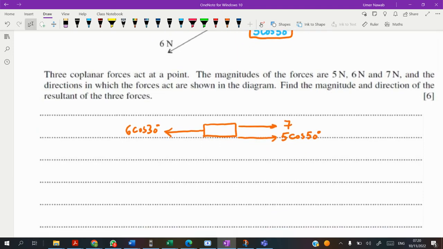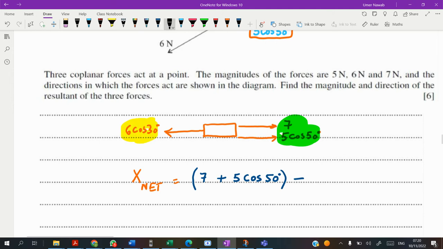I want to find the net effect on the body. So definitely you will find the x net. You will add these two forces. You write in the bracket 7 plus 5 cosine of 50 degrees, then minus the force which is on the left hand side, 6 cosine of 30 degrees.